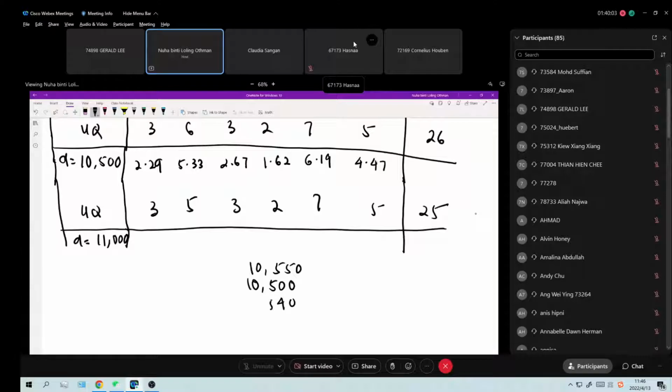If it divides this one, it's also correct. So plus minus 50, I will accept your answer. Okay, so this is for your second assignment.